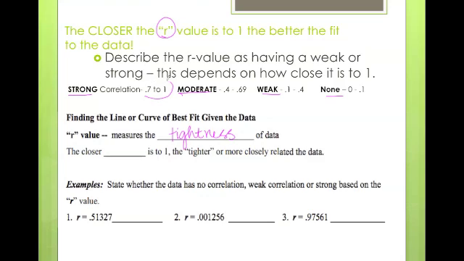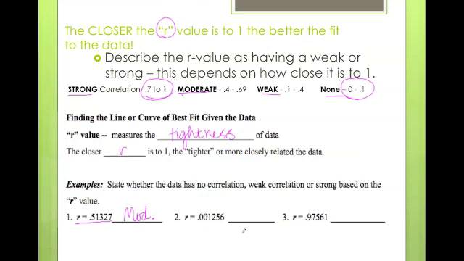So if it's between 0.7 and 1, it's strong, all the way down to between 0 and 0.1, it would be none. So the closer R is to 1, the tighter or more closely related the data is. So number 1, if the R value, which you'll find on your calculator, is 0.51327, we would say that it has a moderate correlation.